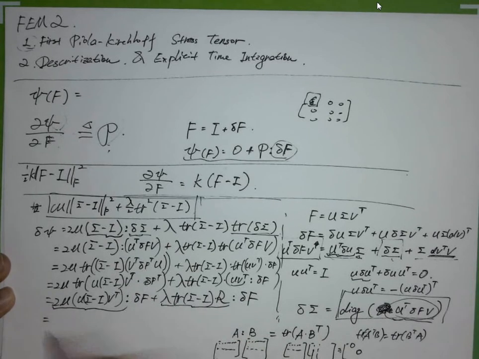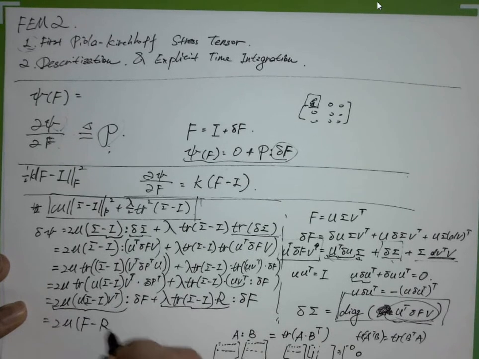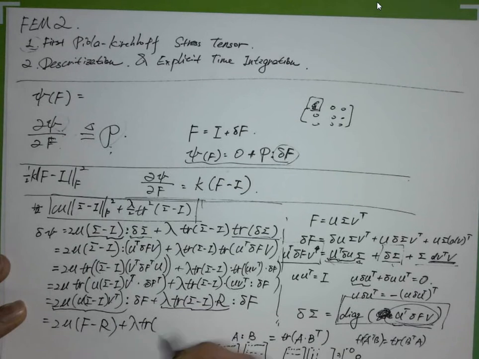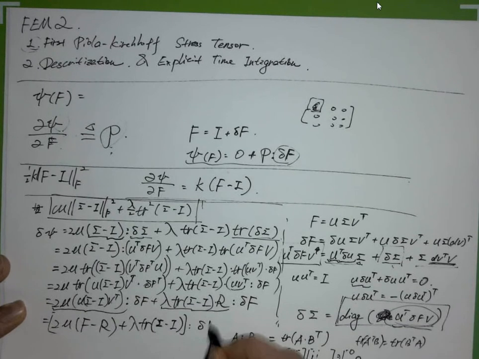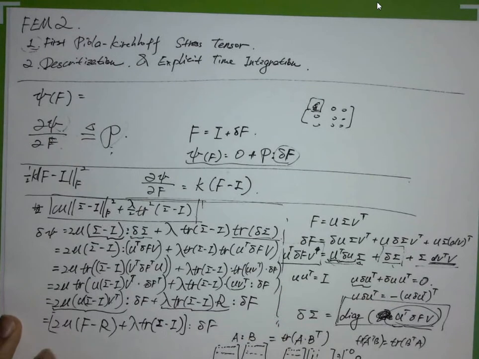So we can simply write the first Piola-Kirchhoff tensor as 2 mu times F minus R, because U sigma V transpose is F and U I V transpose is R, plus lambda trace of sigma minus identity, times R, double contraction F. And that goes back to the definition of the first Piola-Kirchhoff tensor. Oh, there's an R missing. All right, and this one is my first Piola-Kirchhoff stress tensor.